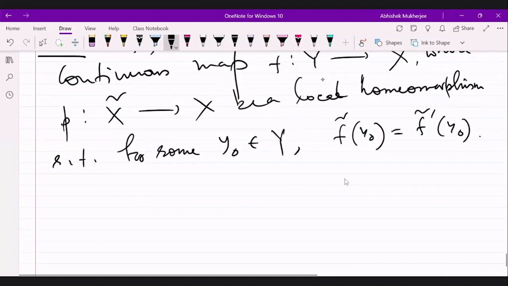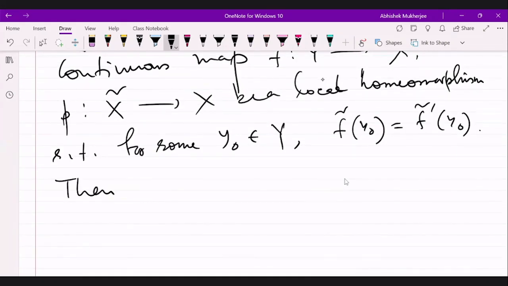Okay, then you need to show that these two maps will be identical.